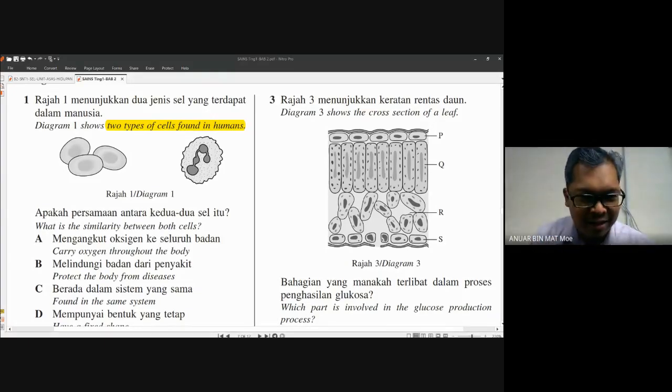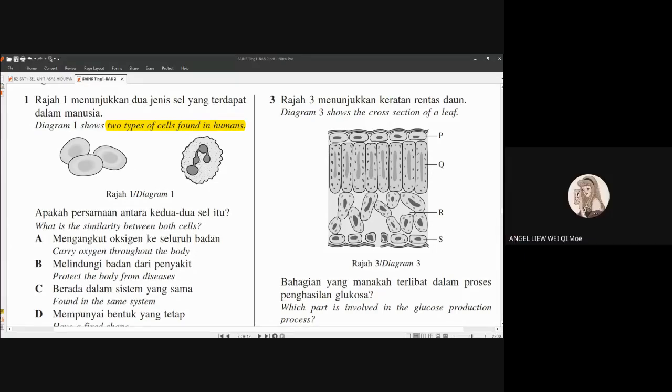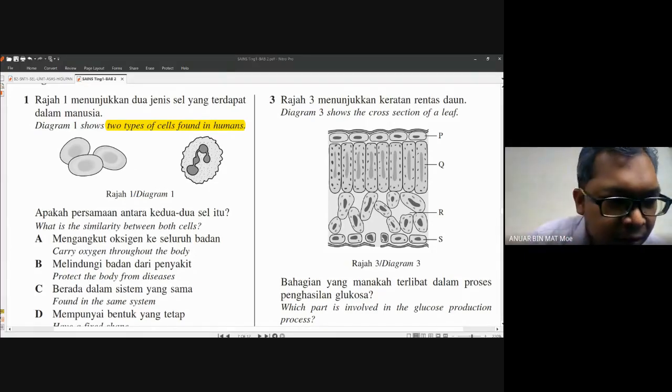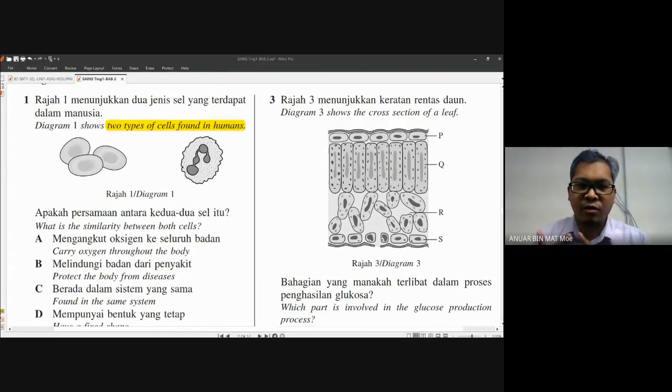Forgot already. Okay. I open it for you to answer my question lah. Anybody? Red blood cell. Okay, finish. Number 2. Nerve cells. Angel, yes? Nerve cells. Okay, very good.